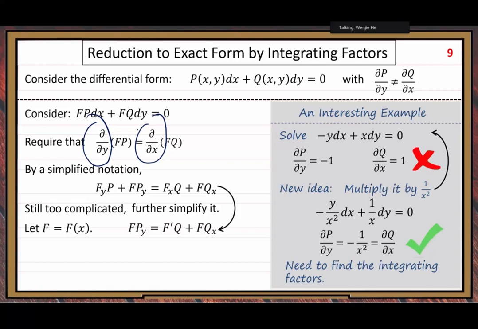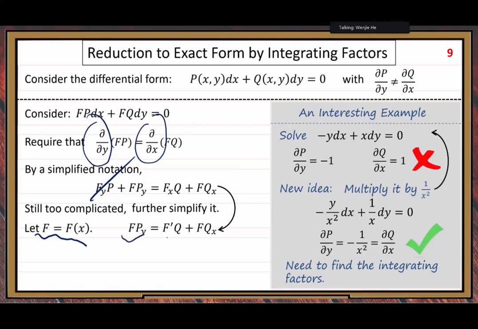Because under this assumption, partial f over partial y is 0. So this term is gone. The four-term equation was too complicated. When we make this assumption, partial f over partial y is 0, it's gone.